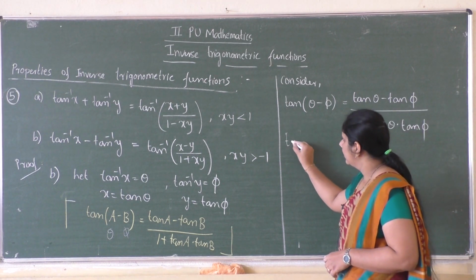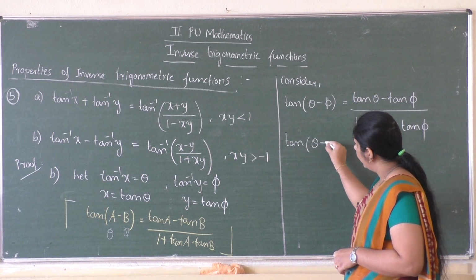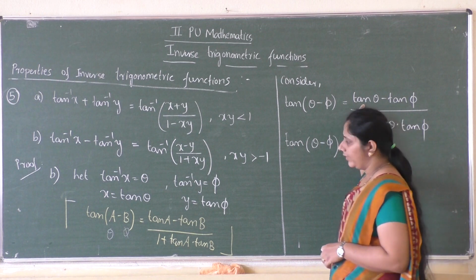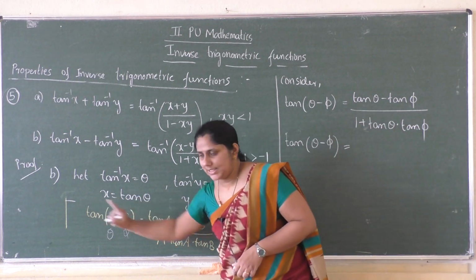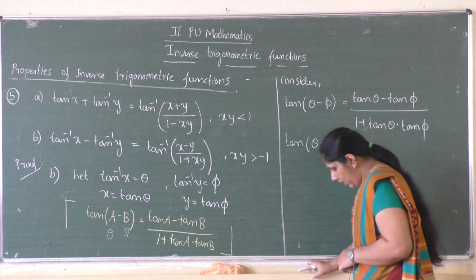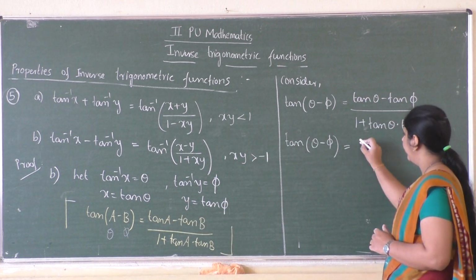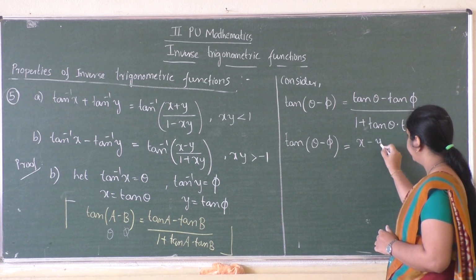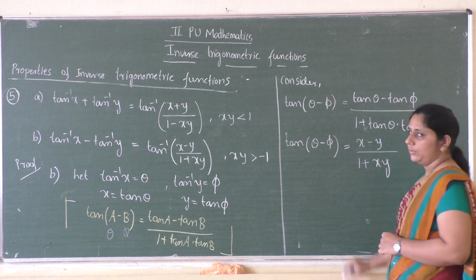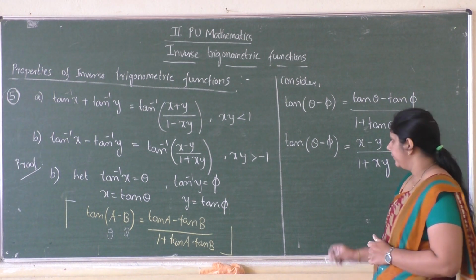That implies this is tan of theta minus phi equal to, in the place of tan theta we can write x, in the place of tan phi we can write y. So tan of theta minus phi will be equal to x minus y by 1 plus x into y.